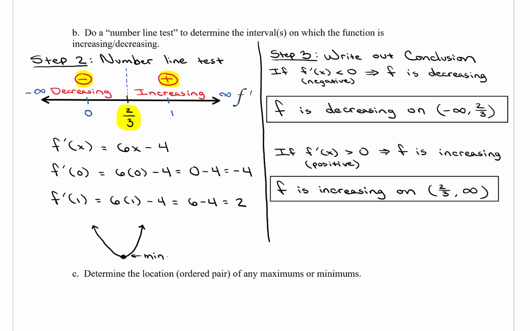C. Determine the location, ordered pair of any maximums or minimums. So as I already started mentioning, this x equal to 2/3 is going to represent our minimum, and we're going to write that down.